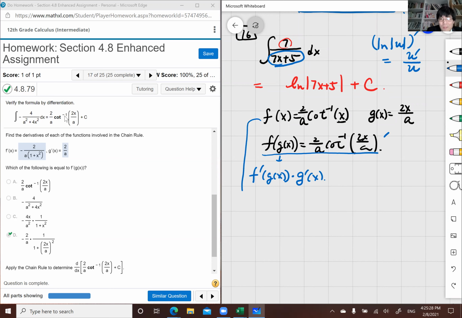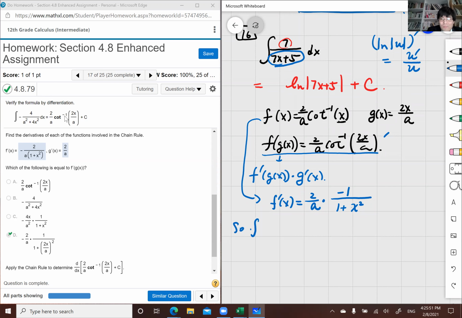So I need to know what f dash is. And f dash of x is, if you remember the formula correctly, this is just a number. And the derivative of the inverse cotangent is 1 plus x squared on the bottom, and on top it's going to be 1 times negative 1.